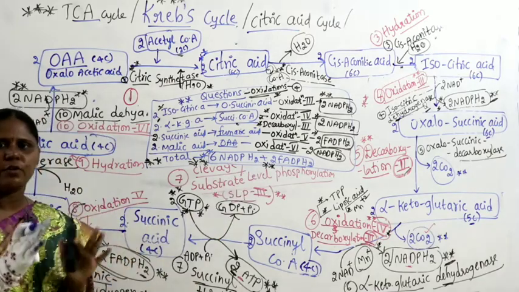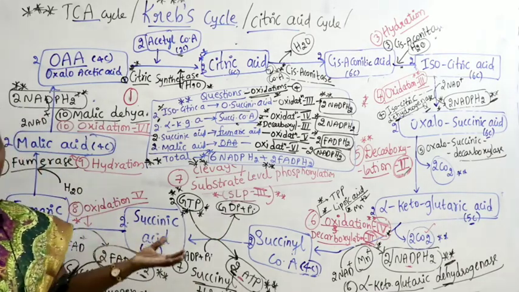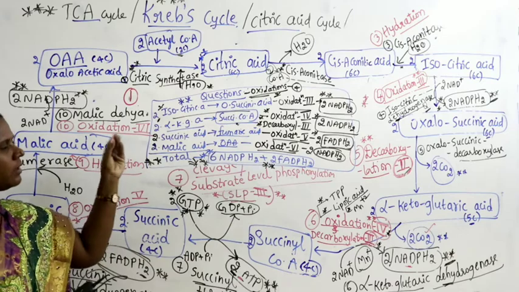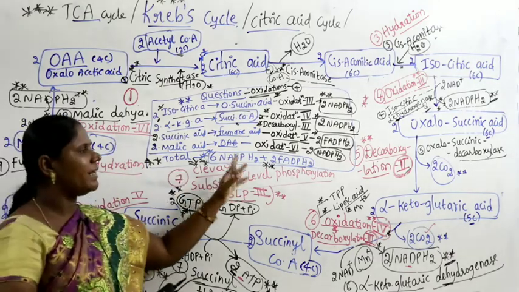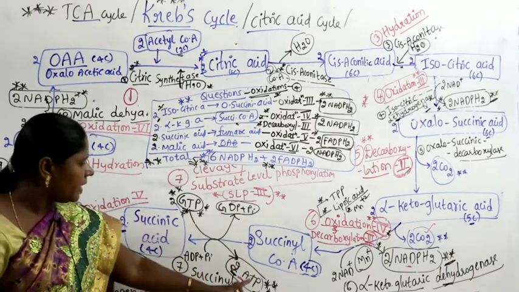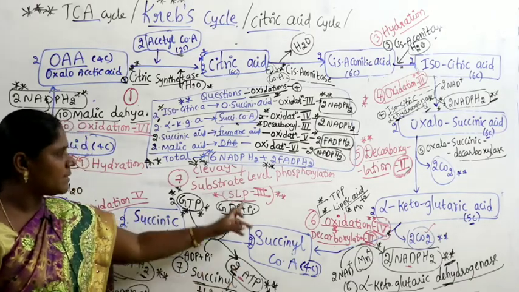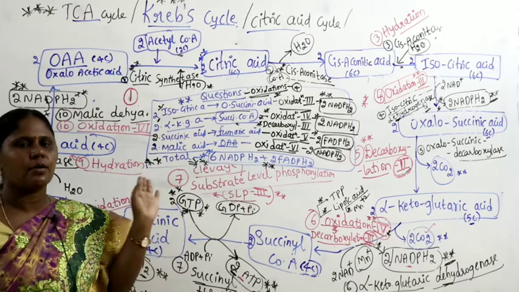As a result of oxidation, sometimes the question will come from any corner. The total number of oxidations in the Krebs cycle yields the total energy of. Don't write ATP, because ATP is from substrate level phosphorylation, will not come under oxidation.